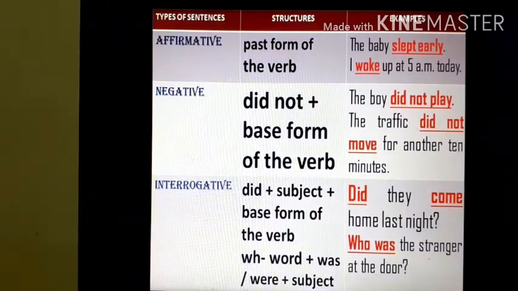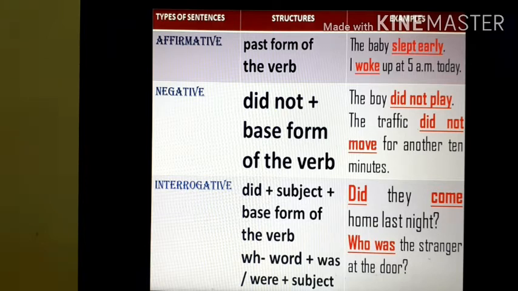Now, here goes the structure of simple past tense in affirmative, negative, and interrogative form of sentences. In affirmative, the structure is the past form of the verb. The baby slept early. Slept is the verb here. I woke up at 5 a.m. today.